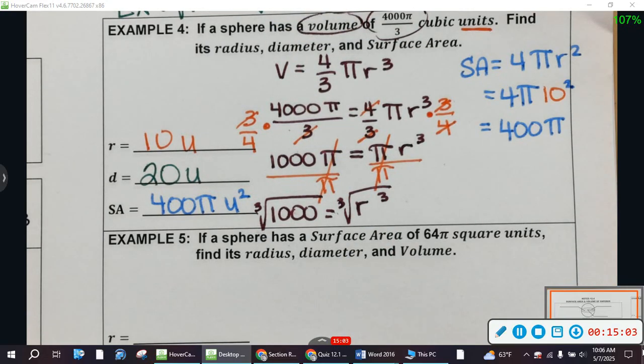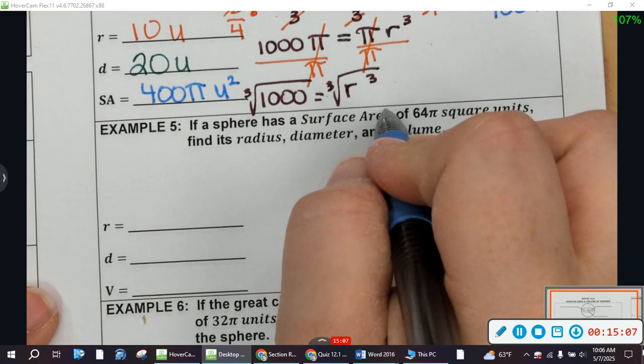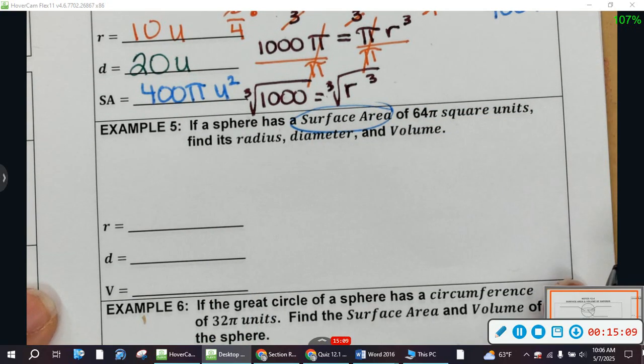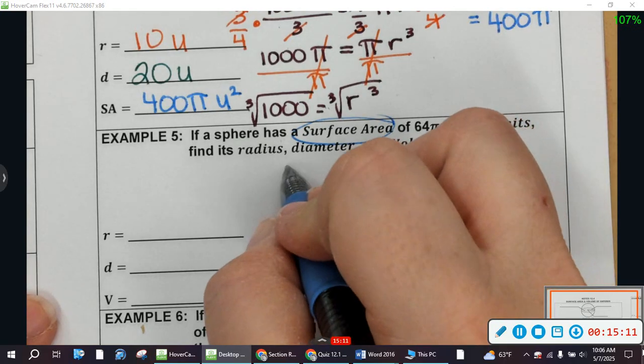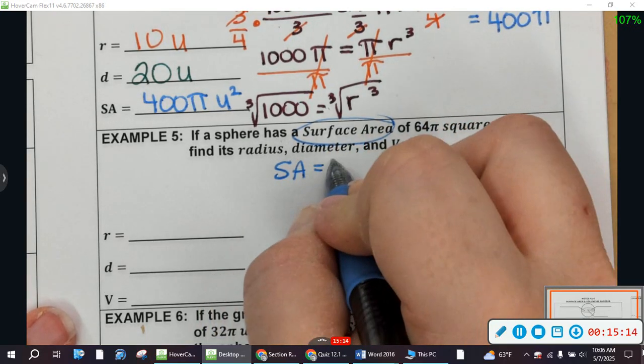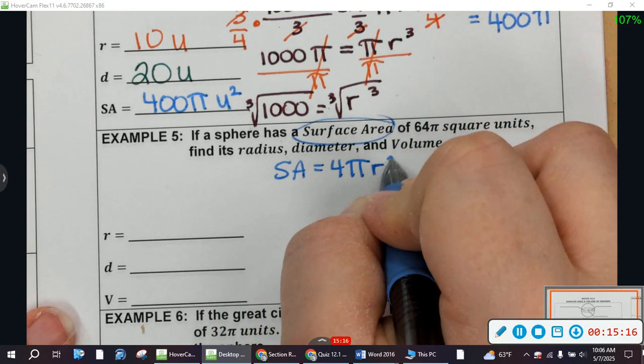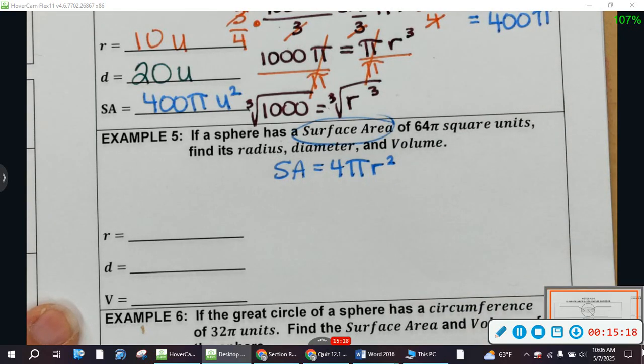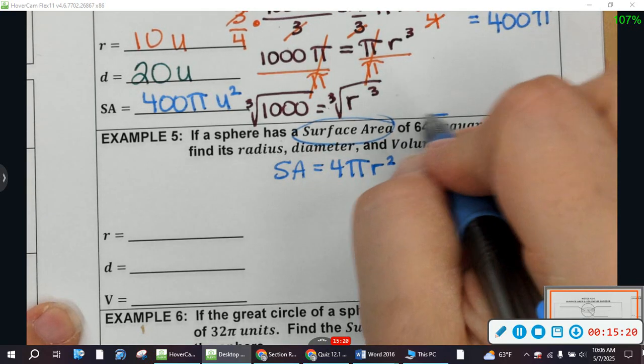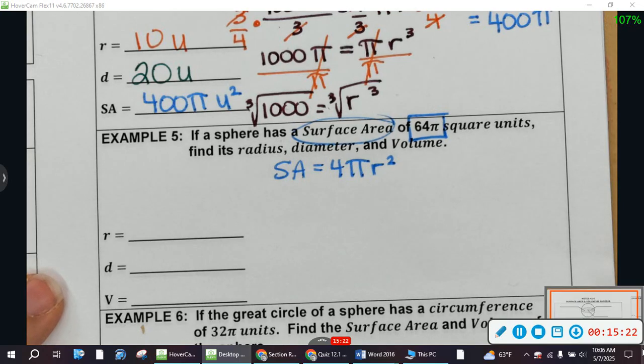So we're going to work again backwards this time, given surface area, which we just wrote that formula down. Surface area is 4 pi r squared. And they tell us that it actually is 64 pi.